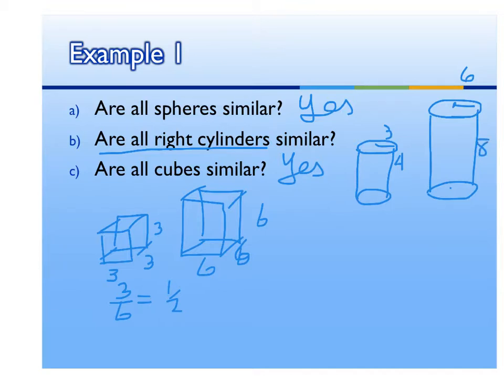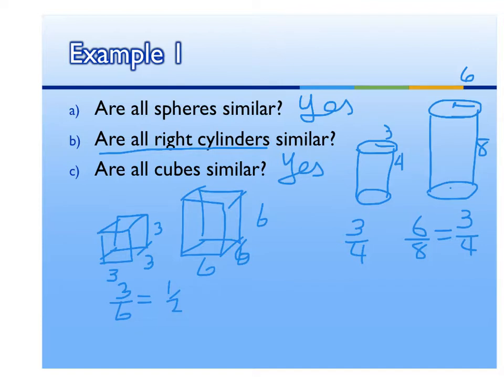Now, when I go to check these ratios, I can either decide to simplify it like 3 to 4. I could take the radius over height and then the radius over height, and notice they both simplify to 3 to 4. Or I could take radii to radii and height to height.